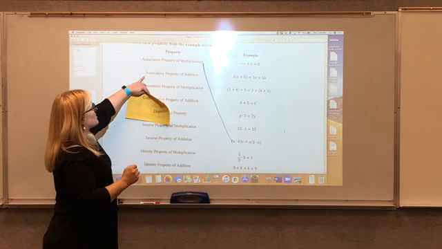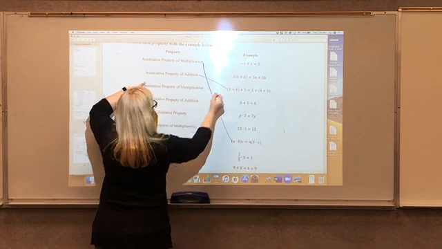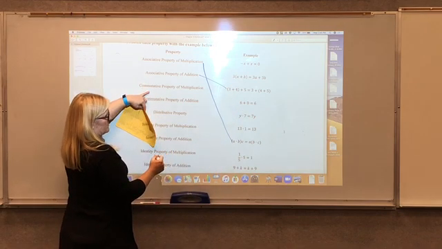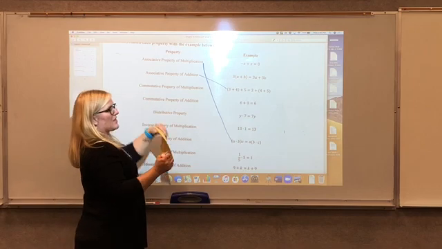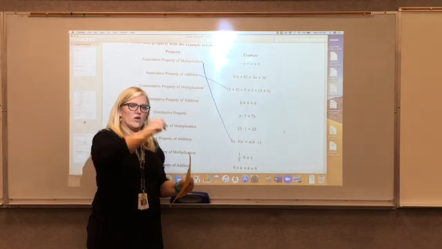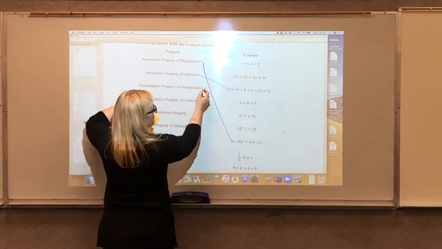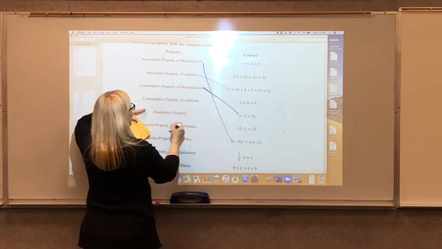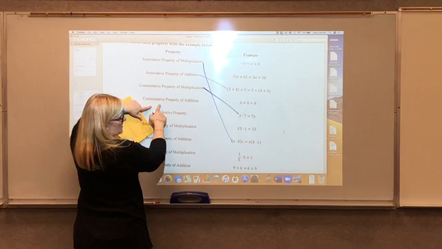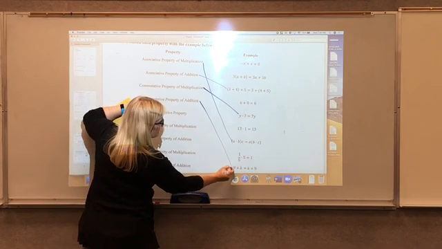The associative property of addition is the same thing, but I'm adding. The commutative property of multiplication, this is when I'm commuting from my house to work and back and forth between two places. So the commutative property of multiplication is right here. The commutative property of addition is this one way down here at the bottom.